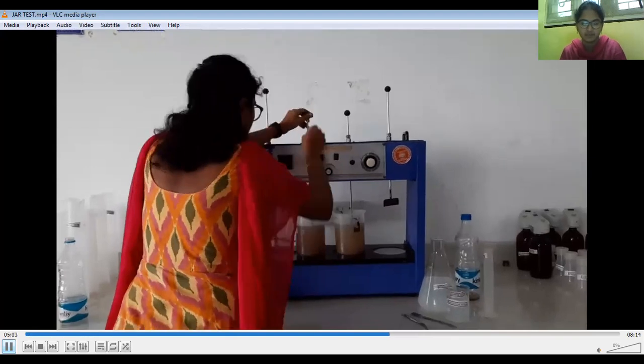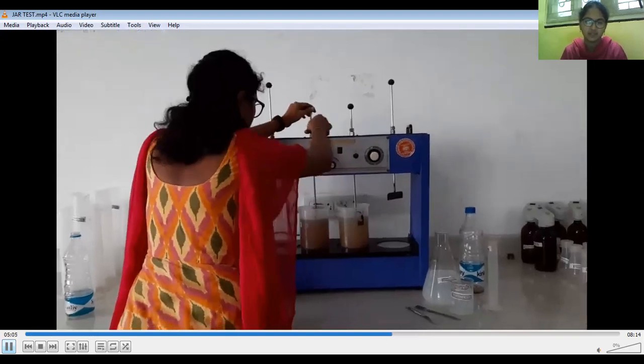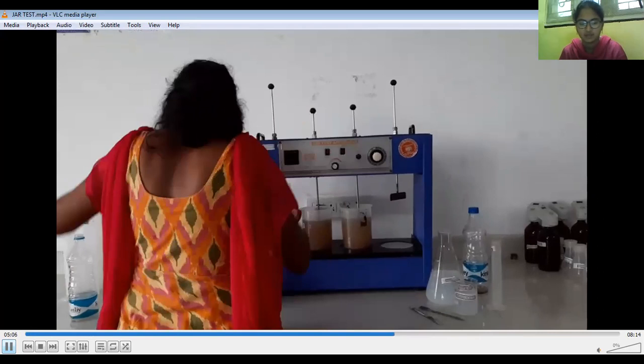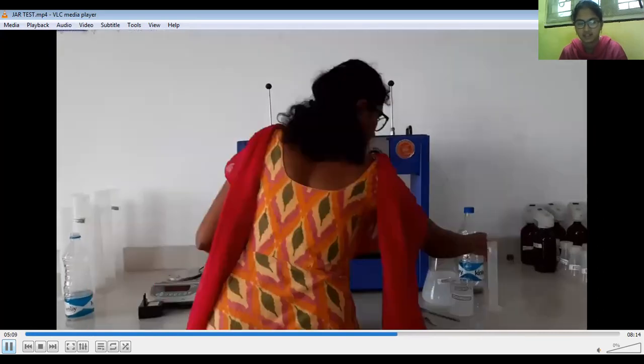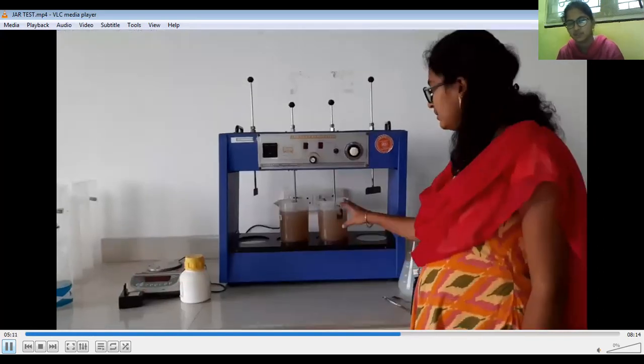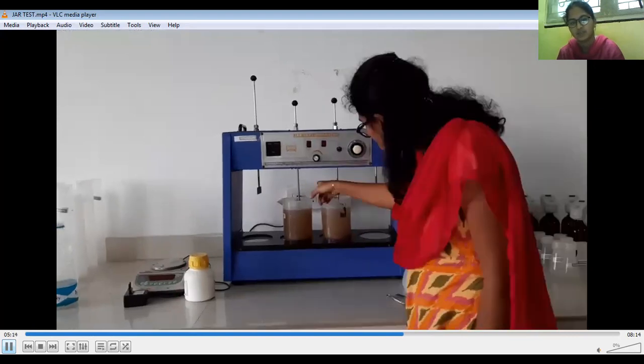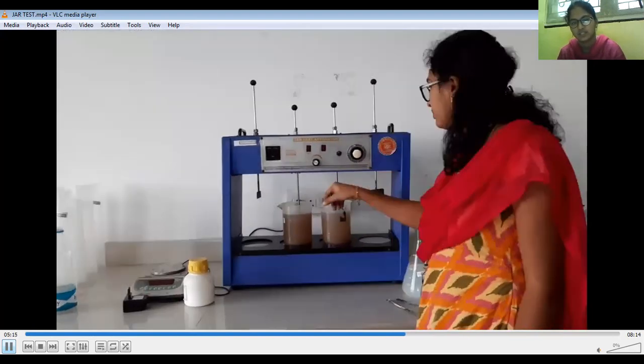Place the beakers on the platform in position, and now we'll load the paddles and lock them. Now switch on the motor.